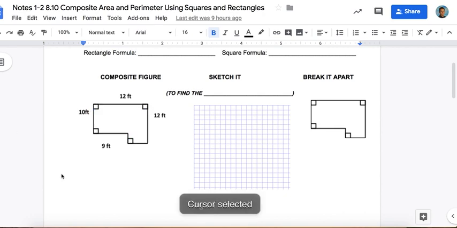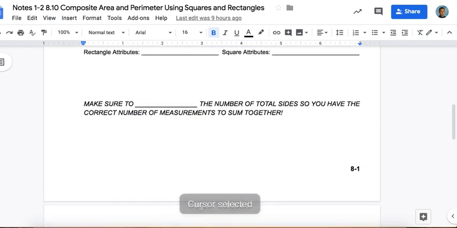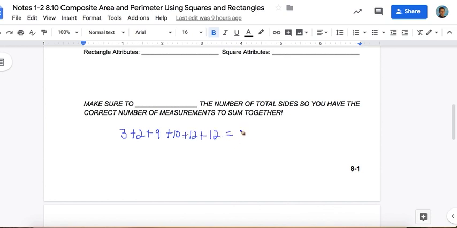Okay, so let's go down and write that. So we said 3 plus 2 plus 9 plus 10 plus 12 plus 12. And that will equal 48 feet.